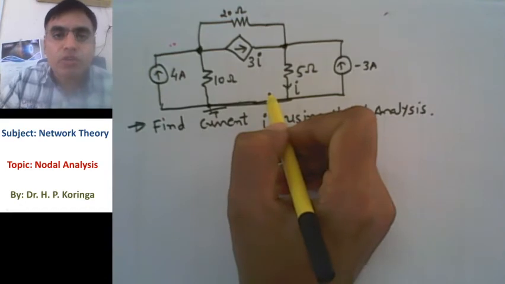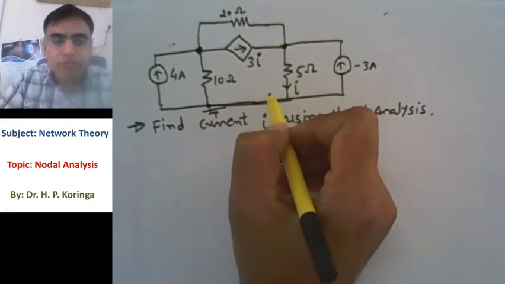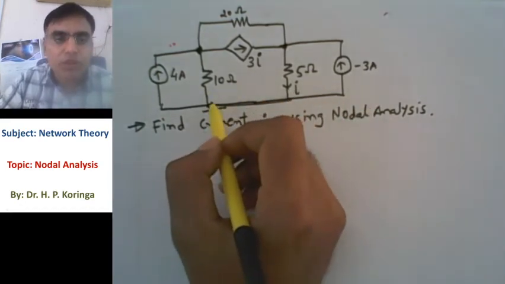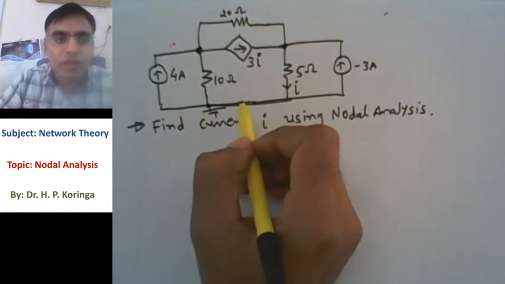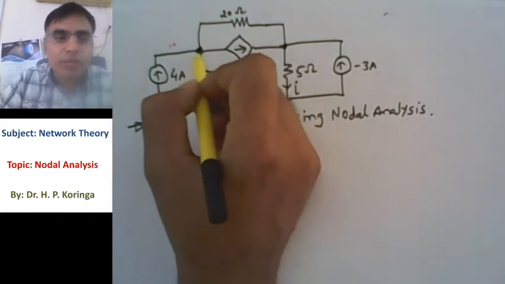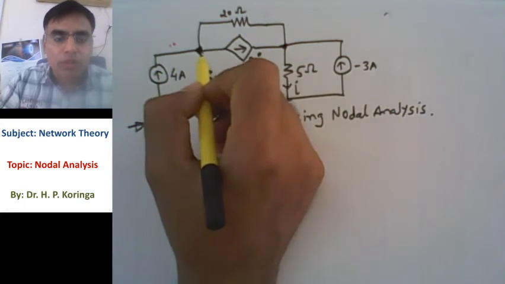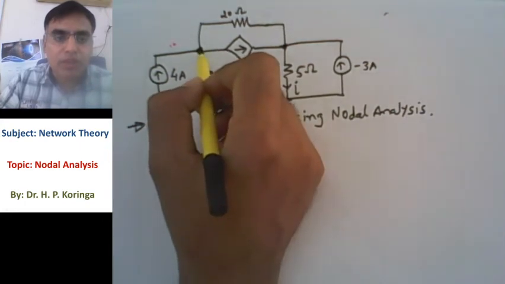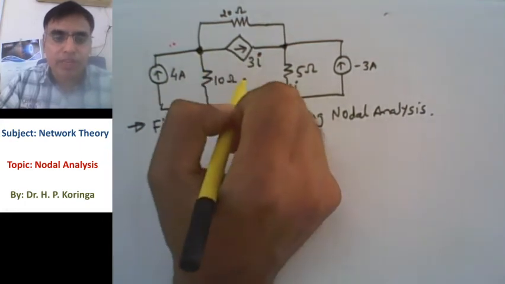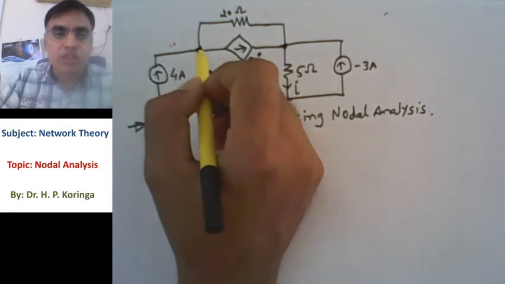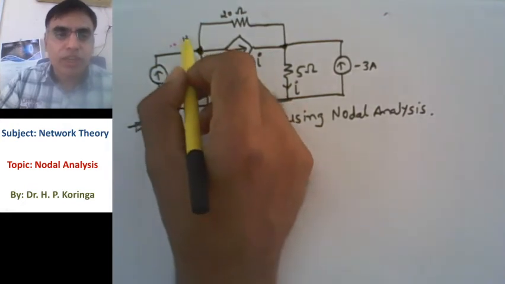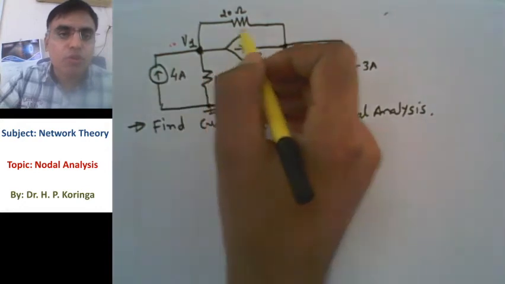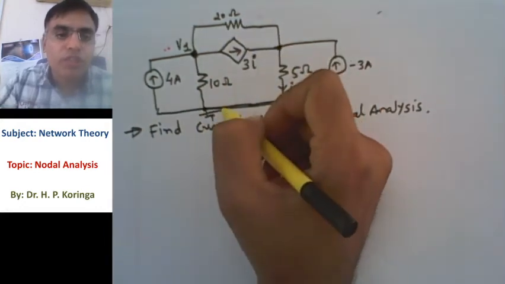So in this network there are a total of 3 nodes. Out of these 3 nodes, take one node as the reference. So the remaining 2 nodes are both unknown. Between these nodes and the reference node, no voltage source is given directly, so each is an unknown node voltage. We do not know what the voltage at this node is with respect to the reference.